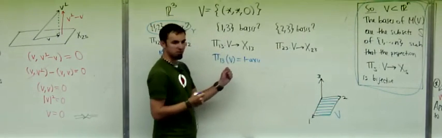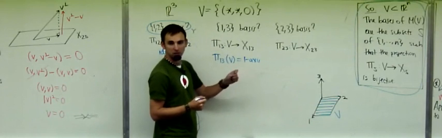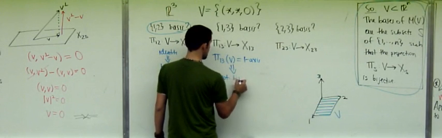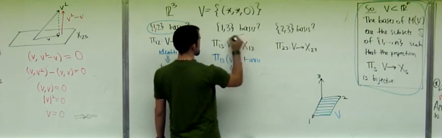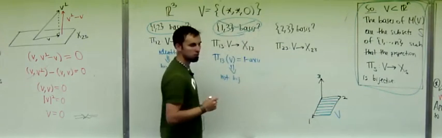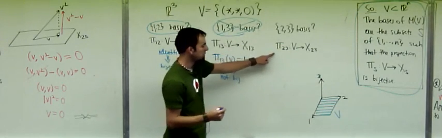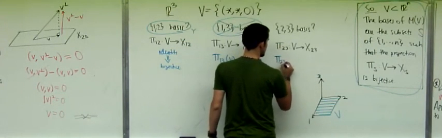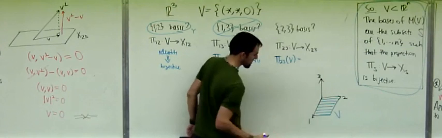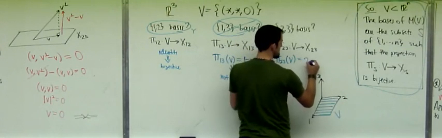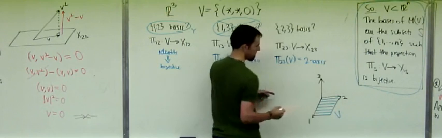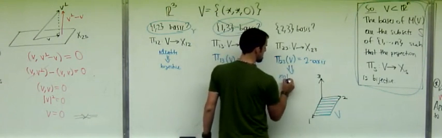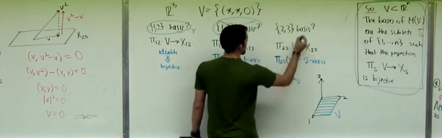This is not bijective because it takes a two-dimensional thing to a one-dimensional thing. And so this guy is not a basis. Okay? And what happens when I project onto the 2-3 plane? Then when I project over here, the image is the 2-axis, which is one-dimensional, and so again, this is not a bijective map. And so this is not a basis.